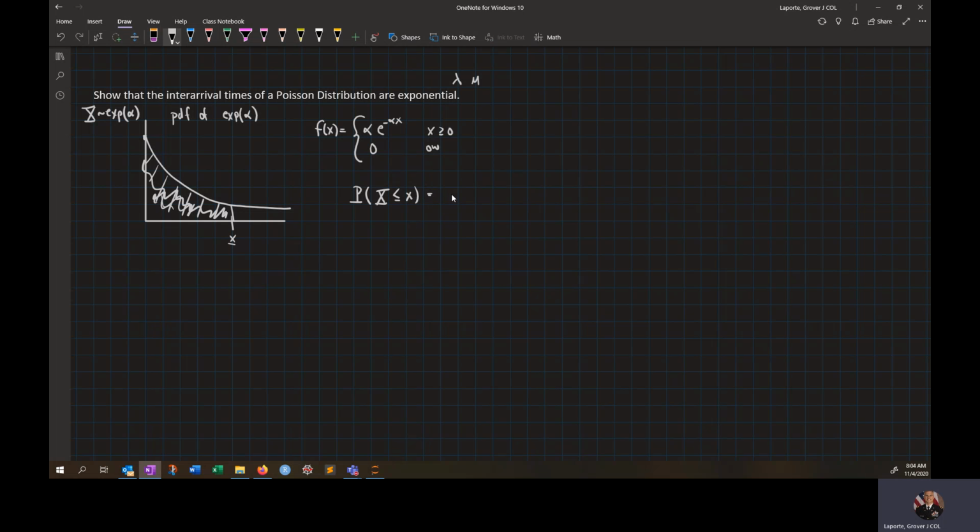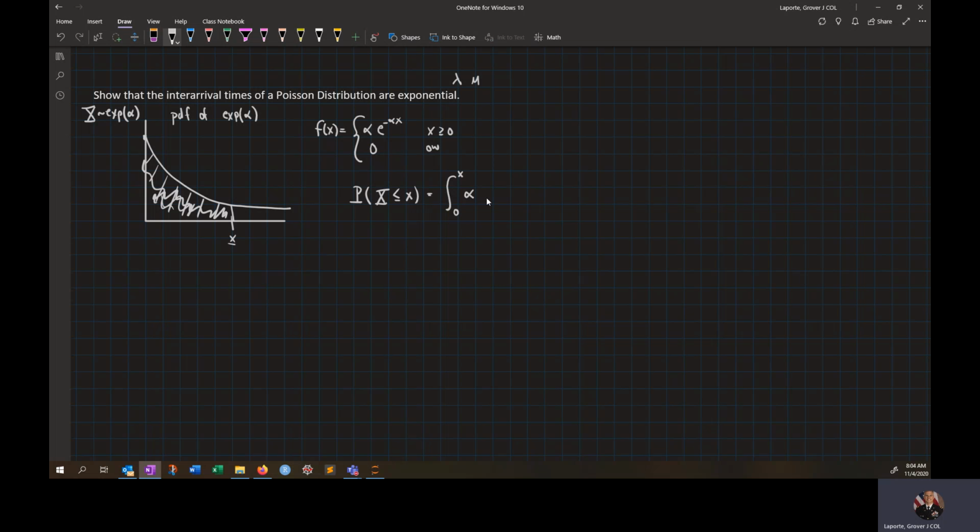So what is that? That is the integral. We have to put this x on the limit of integration, because if you look at this PDF, you can see that it's 0 up until this particular point. There's no probability when it's negative. After 0, it goes to this x. Instead of using x in both the limit of integration and the integrand, we use what's called a dummy variable.